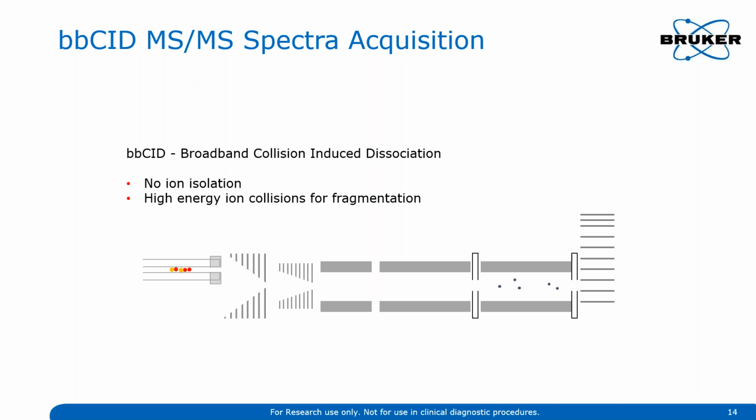In the second experiment that follows, the system accelerates all ions in a collision cell and performs so-called broadband collision-induced dissociation, or broadband CID. No ion isolation takes place, and all ions are fragmented indiscriminately. It means that the system collects information on all fragment ions all the time. Both measurements are done in a quarter of a second, which means that with a frequency of 4 Hz, the system collects both a full mass range parent ion scan and a full broadband CID scan.